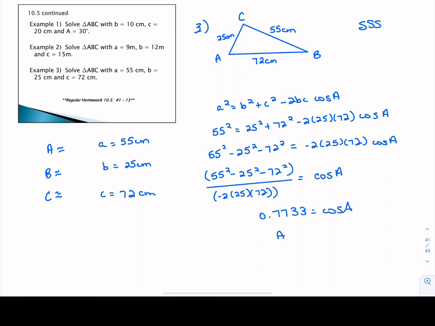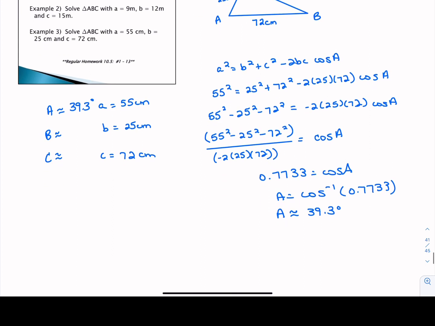So of course, A is going to be cosine inverse of that decimal. So 0.7733, when we use cosine inverse, gives us an approximation for angle A measuring 39.3 degrees.